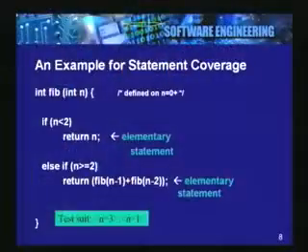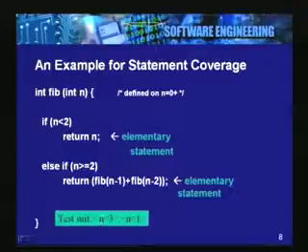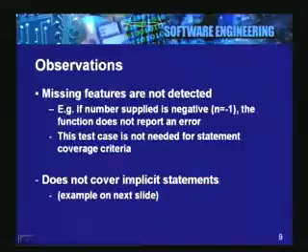That feature will not get detected, because our coverage criterion is mainly from the point of view of covering what statements are there. What is not there, it is not covering. If you are able to cover these two elementary statements, you satisfy the statement coverage criterion.